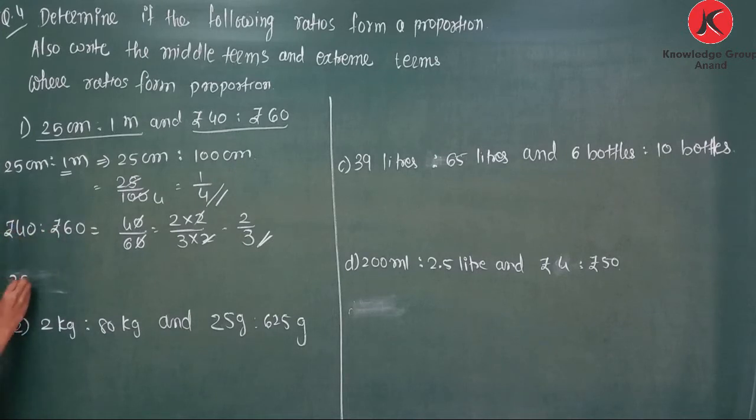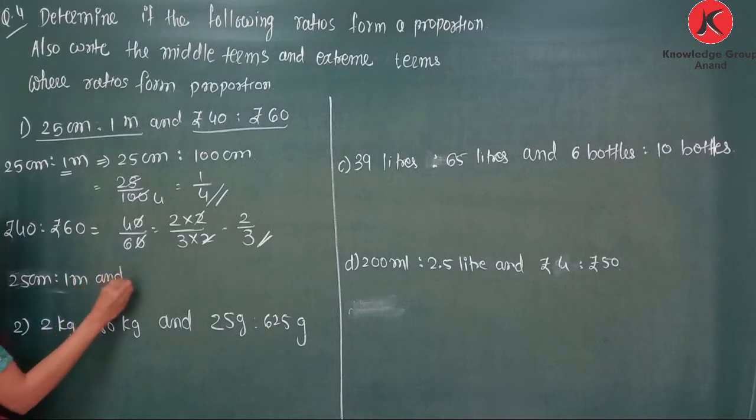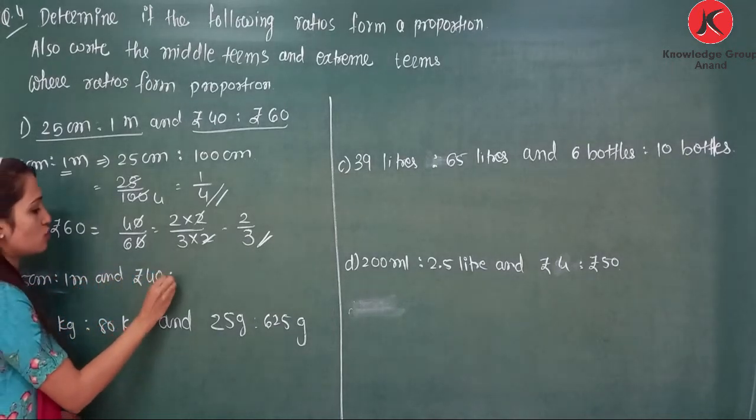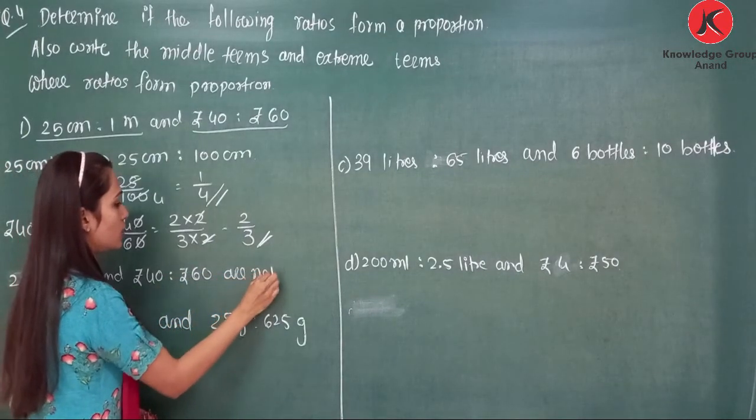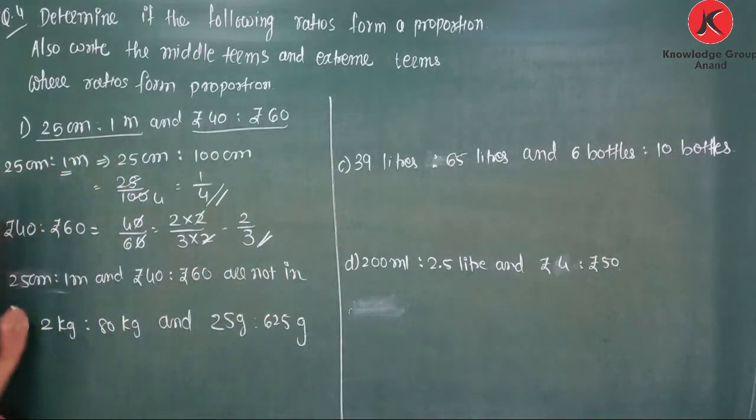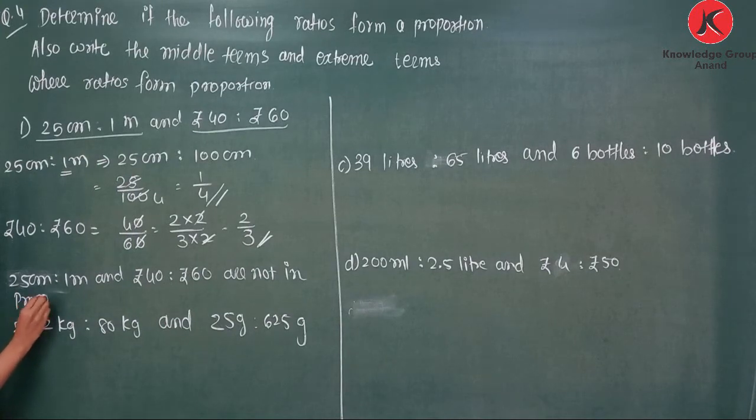So we can write 25 centimeter is to 1 meter and rupees 40 is to rupees 60 are not in proportion. Next, if they are not in proportion, then we cannot find the middle term and extreme term.